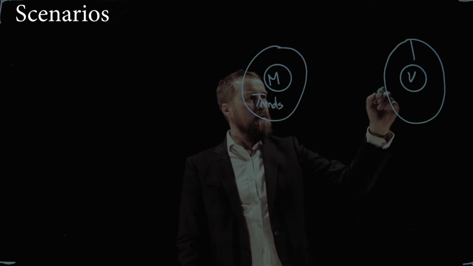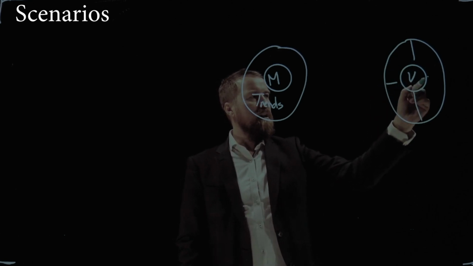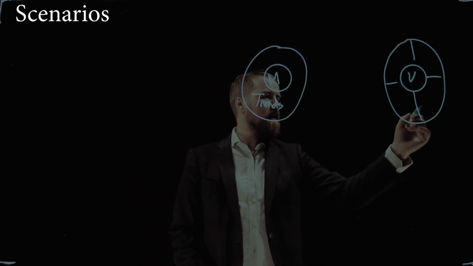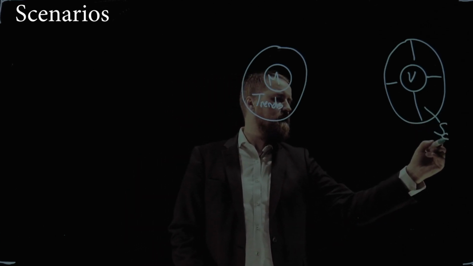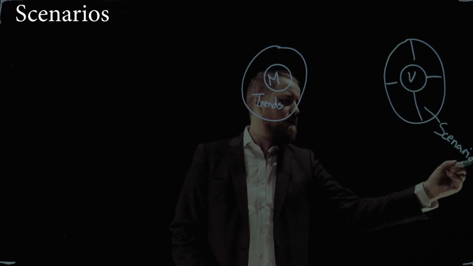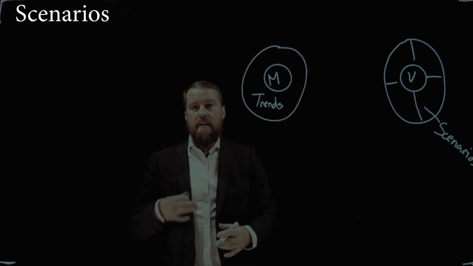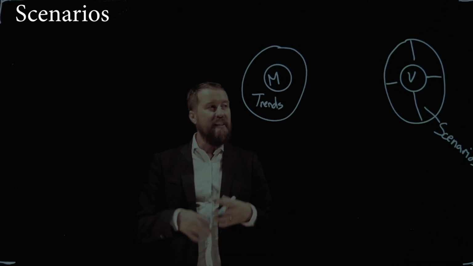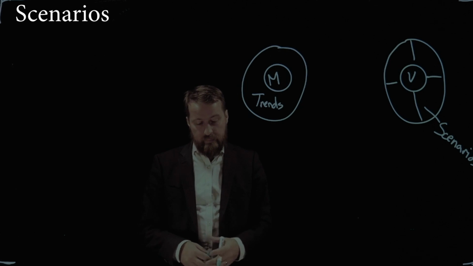And in this circle we have different elements, but all of these different elements are scenarios. These scenarios are different possible futures that we can be in.